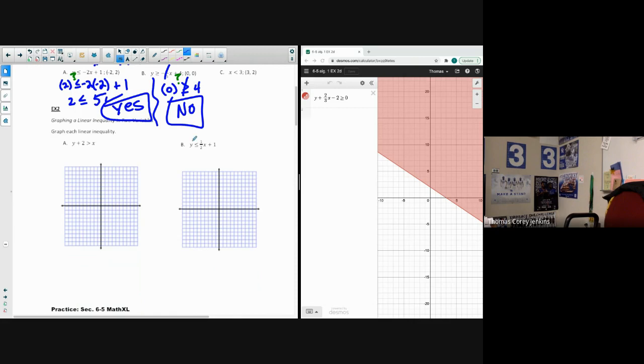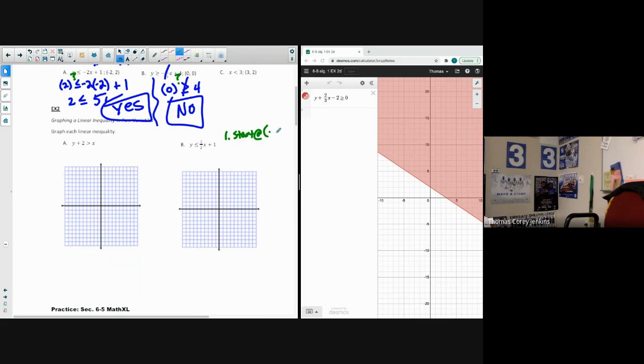B says y is less than or equal to half x plus 1. When we're graphing what I call the boundary line, we want to just think about graphing y equals half x plus 1. So we would start at our b, which is 1.